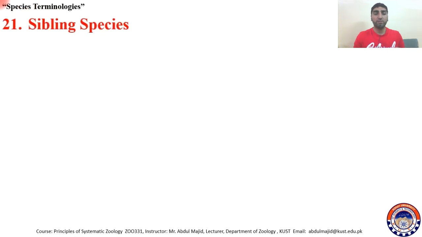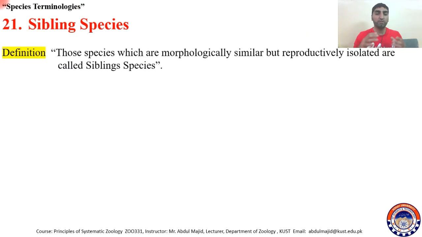Then there is sibling species. Sibling species are those species which are morphologically similar, but they are reproductively isolated. Meaning when you look at their morphological characters, you will say that these are the same species.